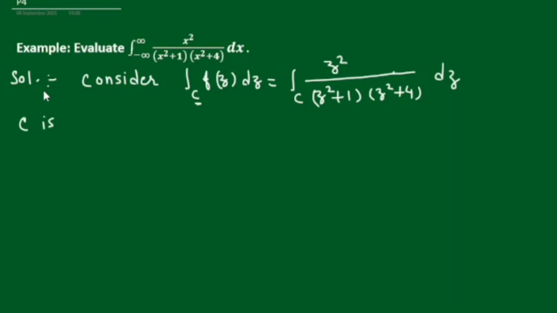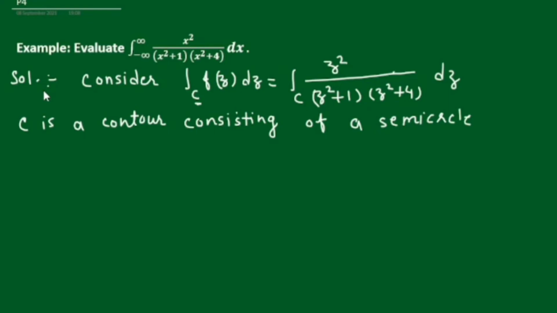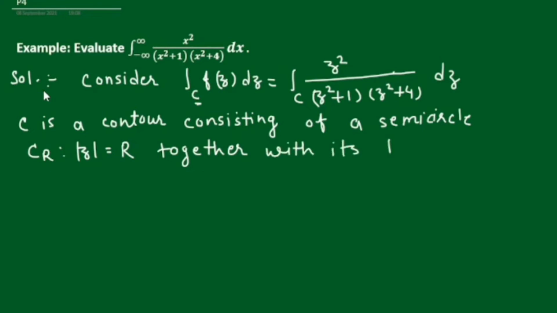So C is a contour consisting of a semicircle C_R with radius R together with its diameter.